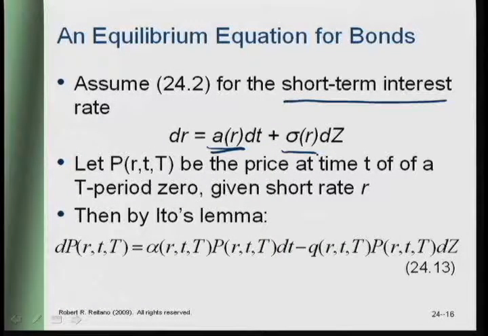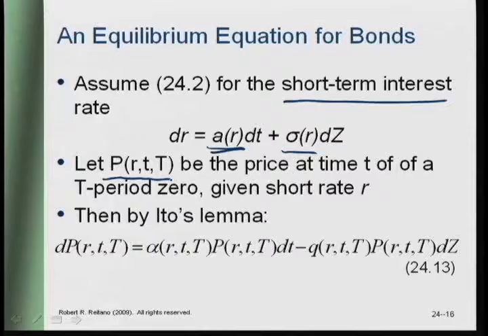And let's use the notation P of R, t, T. It's the price at time t of a zero maturing at T, when the short rate is R. Because R is the only interest rate observable in this model, again we're modeling the short rate, we need to at least symbolically identify that the price of zeros should depend on 3 parameters.